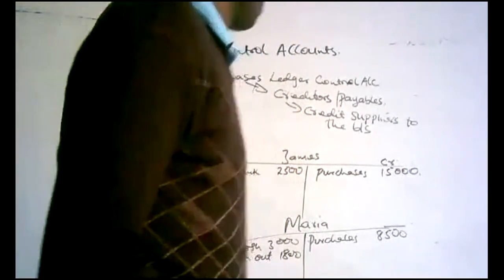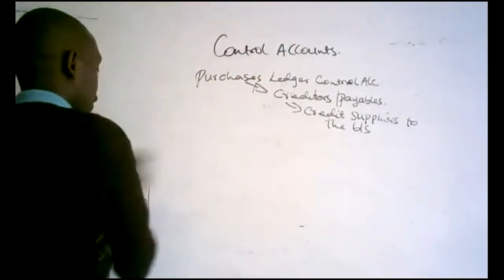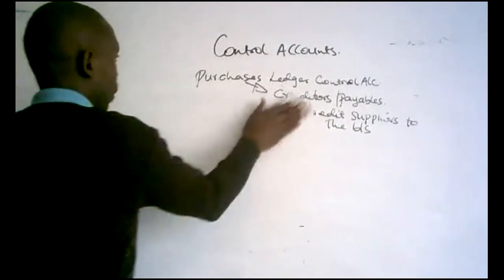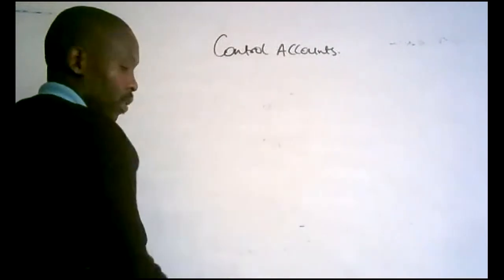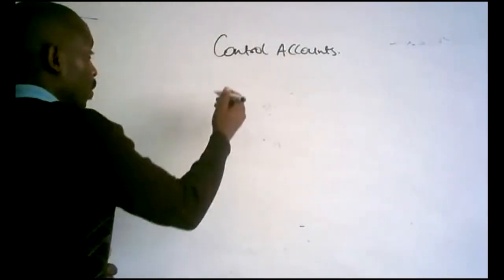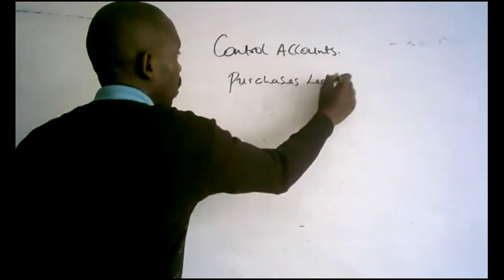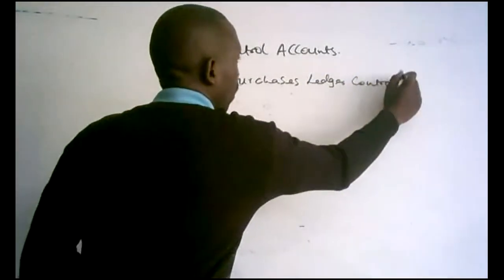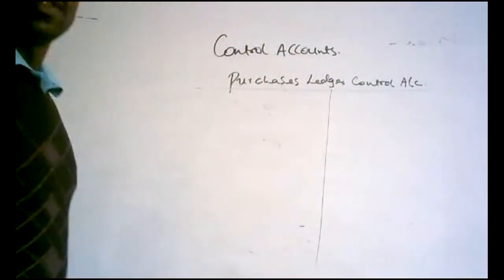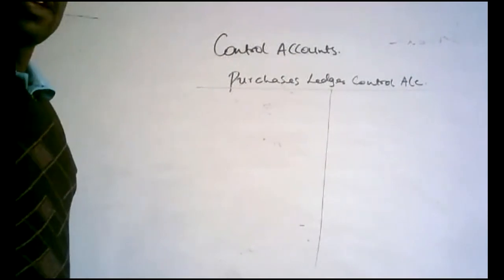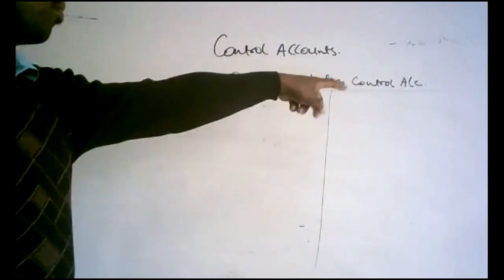So, in summary, let us have a format of that particular account. The purchases ledger control account format. We have said those entries that are going to increase the creditor's balance are going to be credited.